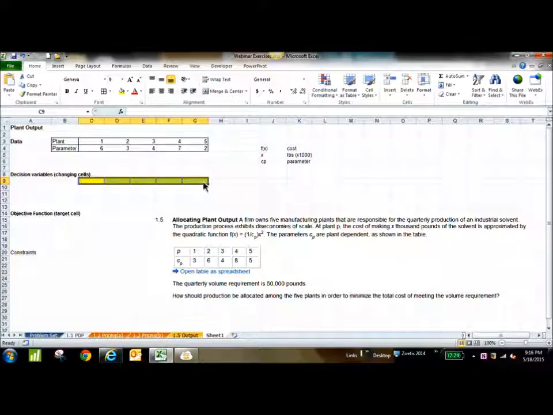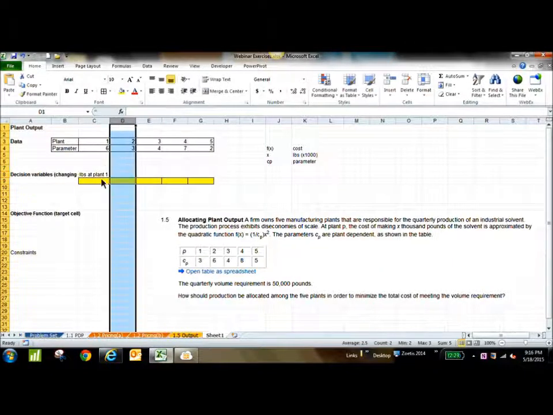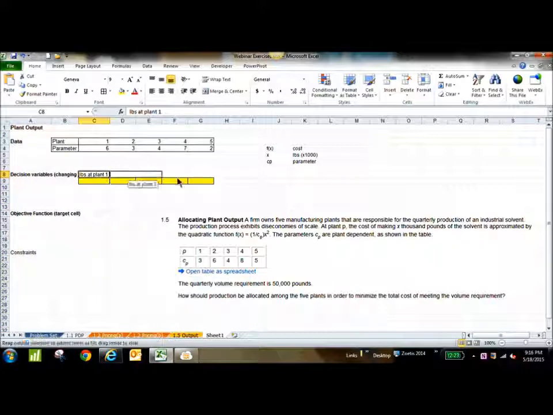No. That's not my job to do that. That is the solver's job. So this represents what? I can even write above each cell pounds at plant 1 and do the same for the rest. But I'm not going to do that.